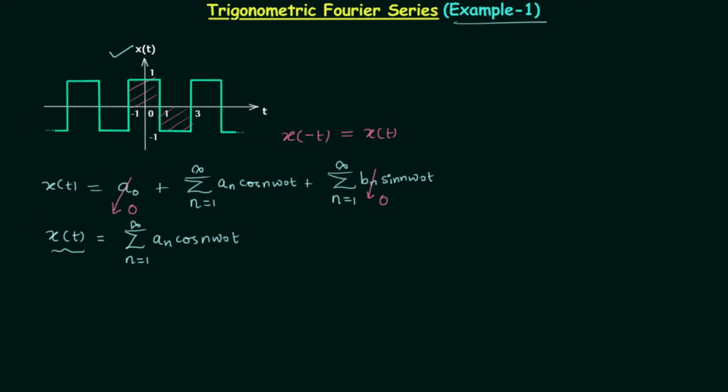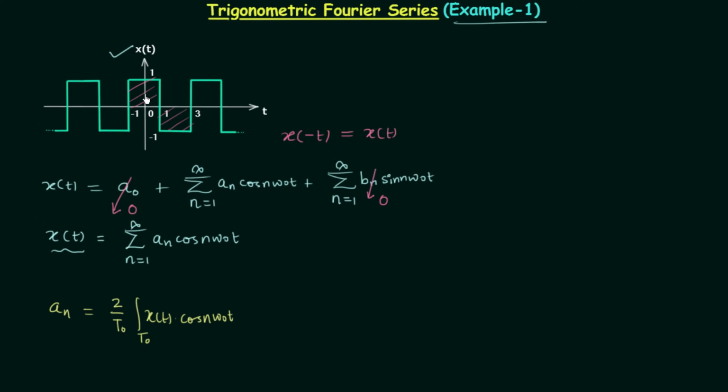Now we will move on to calculation of a n. We already know the formula for a n. It is equal to 2 over the fundamental time period T naught, integration of signal x(t) multiplied by cos n omega naught t, and for the range of integration, you can take any range, but it should be over the fundamental time period T naught.